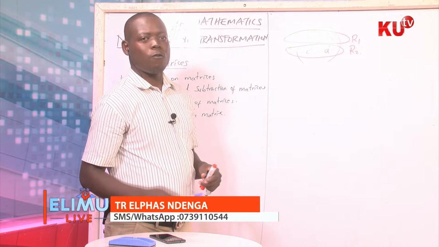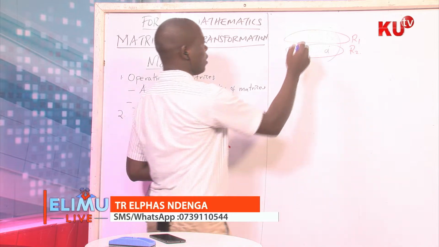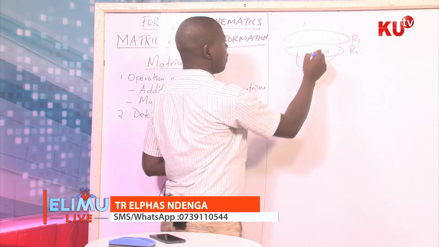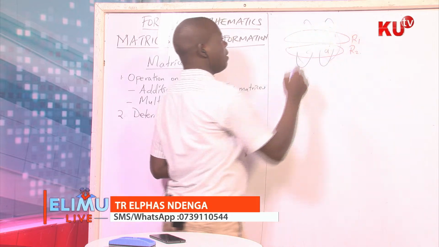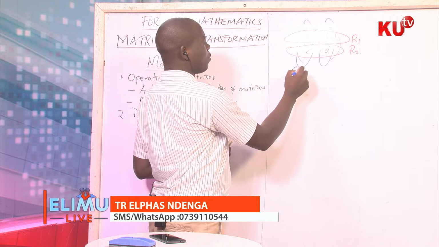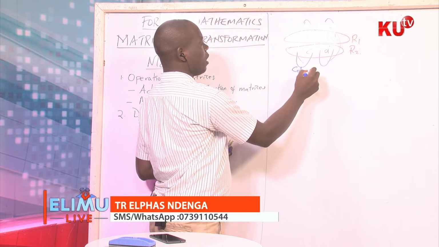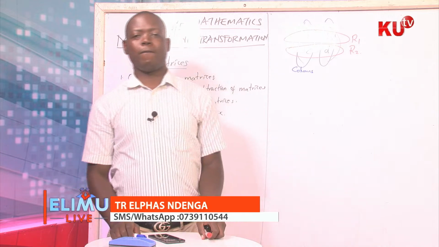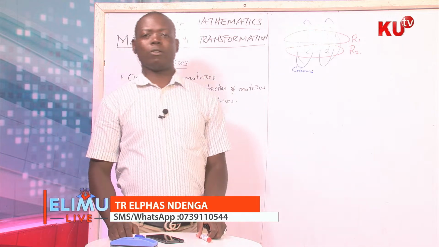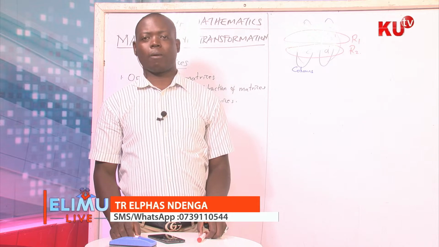When we talk of columns, students, columns are vertical. The vertical arrangement of elements in a matrix constitutes what we call a column. Therefore, columns are vertical, while rows are horizontal.